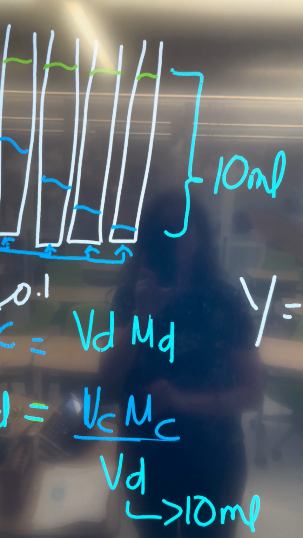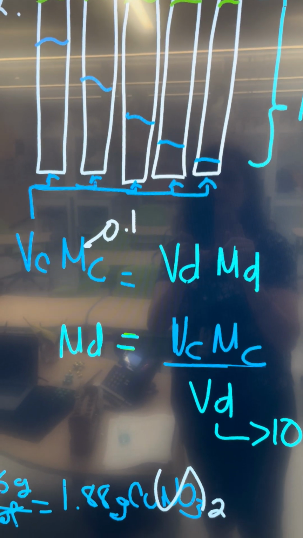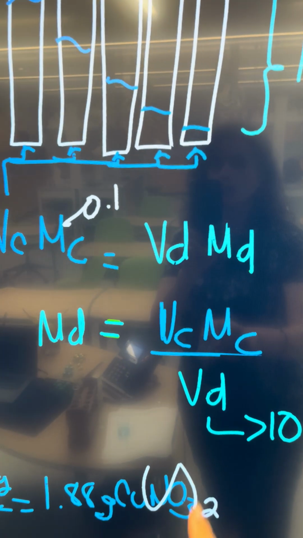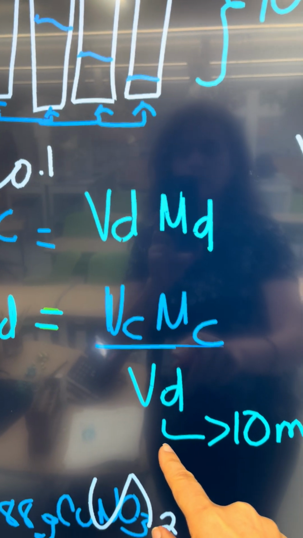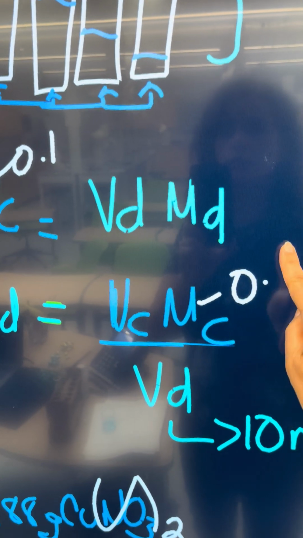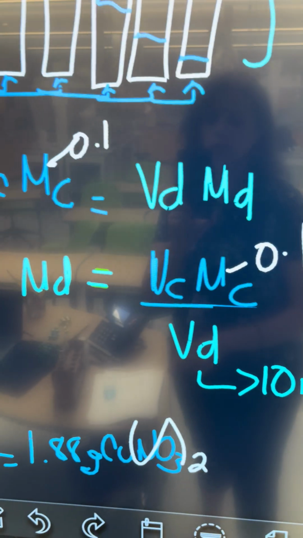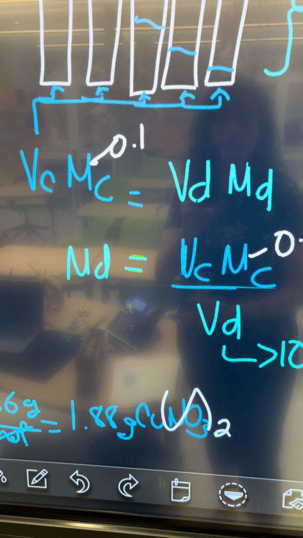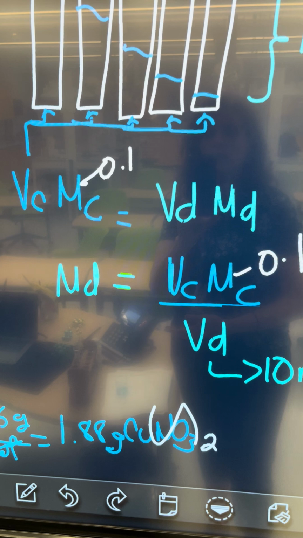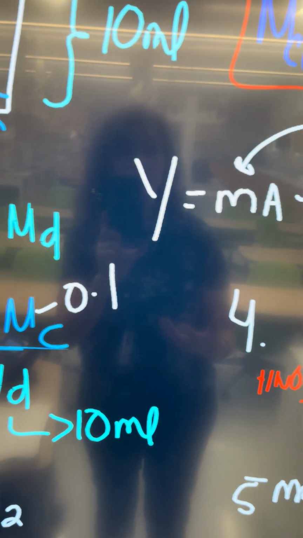We fill them all up to 10 milliliters. And the molarity of the dilute, you solve for that. It will be volume of concentrate times the molarity of the concentrate divided by that volume. The molarity of the concentrate is 0.1, so the only thing that is changing is the volume of the concentrate, and I find my molarities.